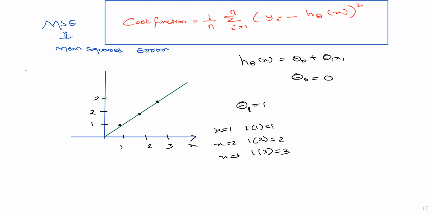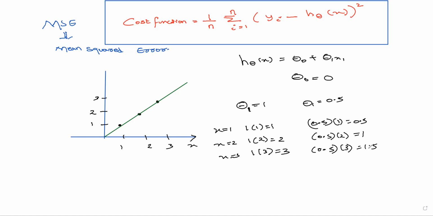Now, in the case of theta 1 equal to 0.5, what will happen? 0.5 multiplied by 1 is 0.5. Similarly, 0.5 multiplied by 2 is equal to 1, and 0.5 multiplied by 3 is equal to 1.5.